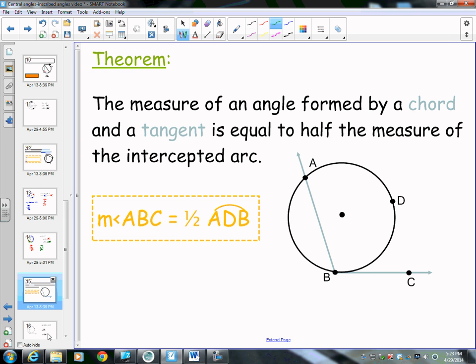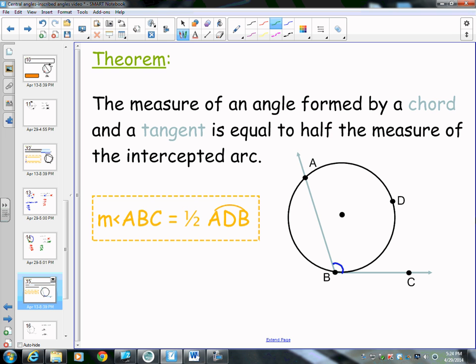Okay, the last theorem that we're going to talk about is what happens if you have a chord and a tangent line making an angle together. So if we have the chord AB and the tangent line BC, what if those intersect to form this angle ABC? Well, what would that angle be? The measure of the angle is always going to be half the intercepted arc.